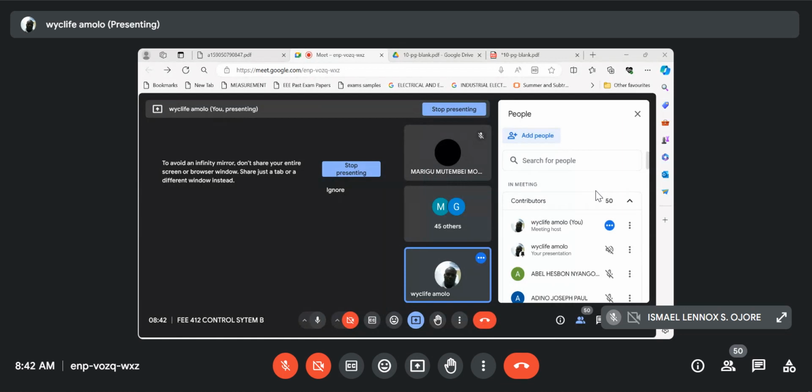This is FEE412, which is Control System B. You know about that unit, the fourth year unit for this semester two.